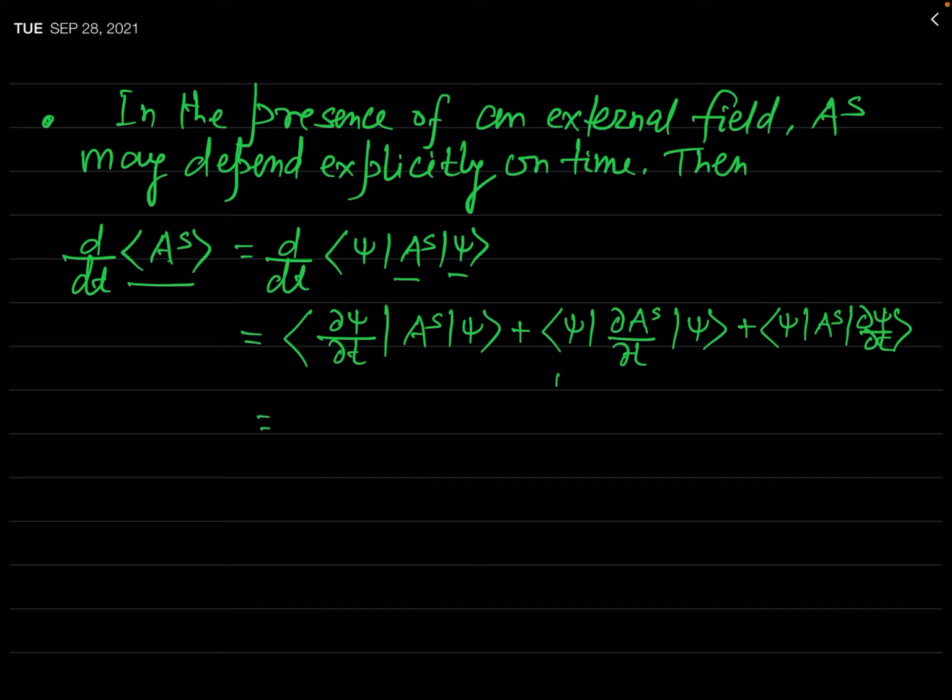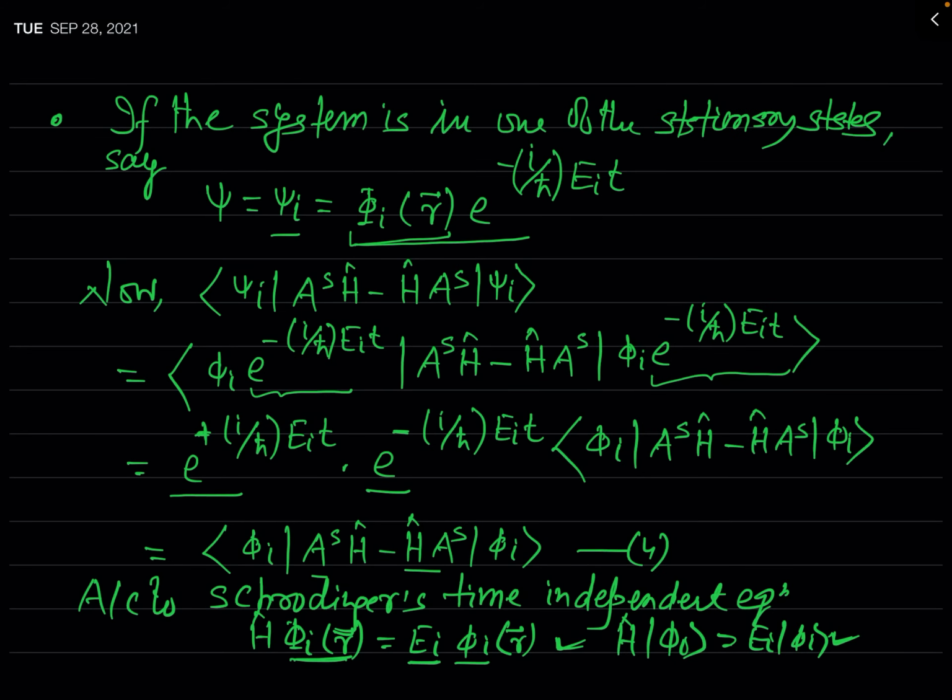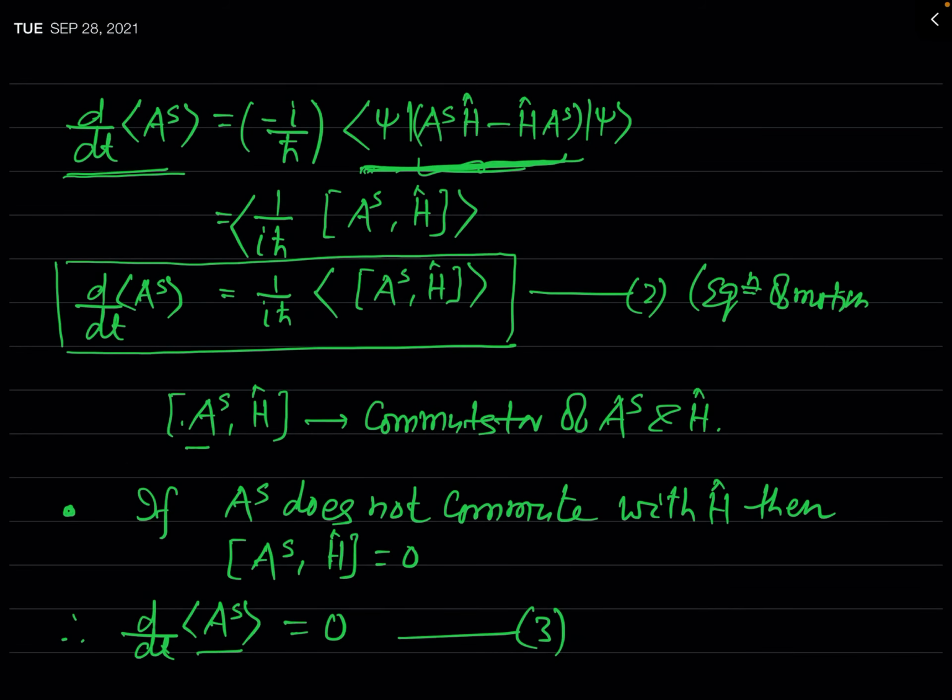Let us see. First of all, write this term. This is bra psi, del A_S by del t, ket psi, and plus. Now see, the sum of the first term and the last term, we have already simplified this expression earlier.